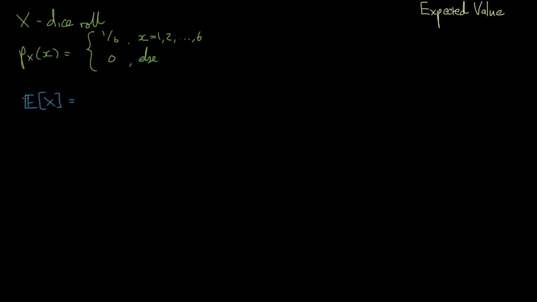We represent that by a capital E with a double-struck left-hand side, square brackets, and the random variable x. Immediately we can give a loose interpretation to this as the long run average of this random variable.